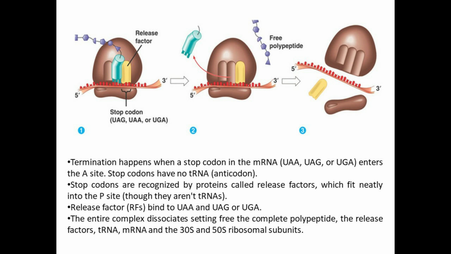The last tRNA is released free, and the completed polypeptide chain is also released from the polysome. The last tRNA gets expelled from the P site to the outside, and the ribosome also dissociates from the mRNA as subunits. These subunits can re-enter the ribosome cycle for the synthesis of another protein molecule.